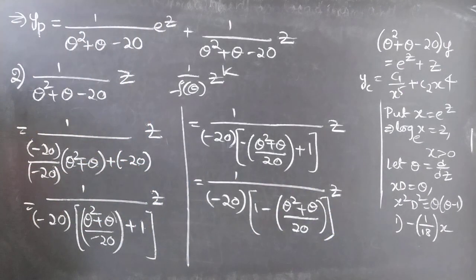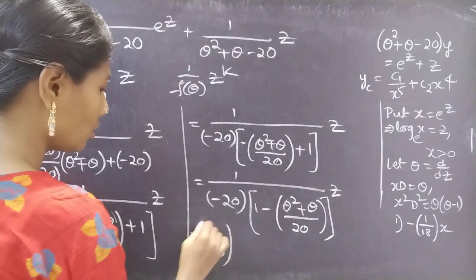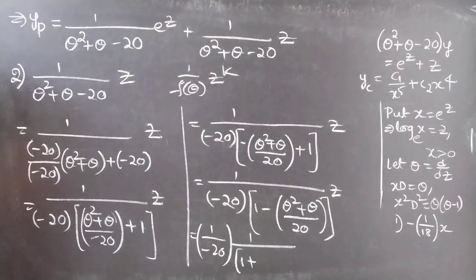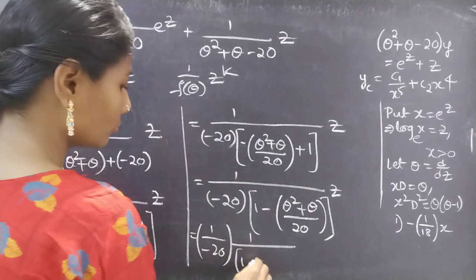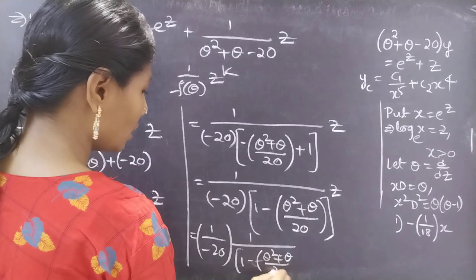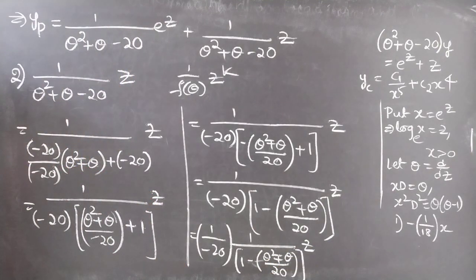Now split the fraction. We can split the fraction as 1 by minus 20 into 1 by 1 minus theta square plus theta by 20 into z.